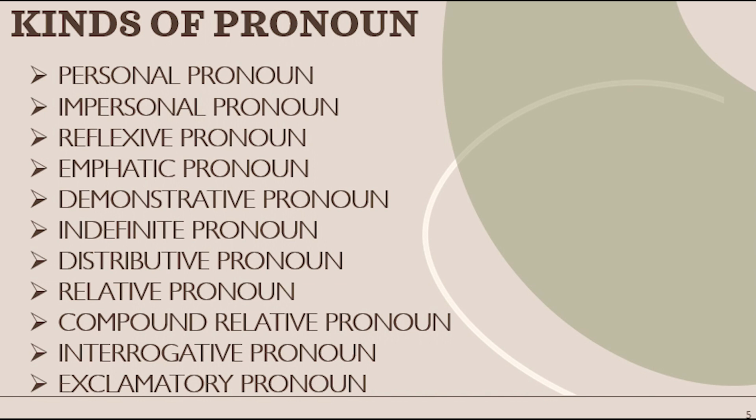They are mostly known as demonstrative adjectives when they are used with nouns, like this book is mine, that pen is yours, these books are mine, those pens are yours. So this, that, these, those, when used alone, are mostly known as demonstrative pronouns because they demonstrate or point out towards something, towards the object.